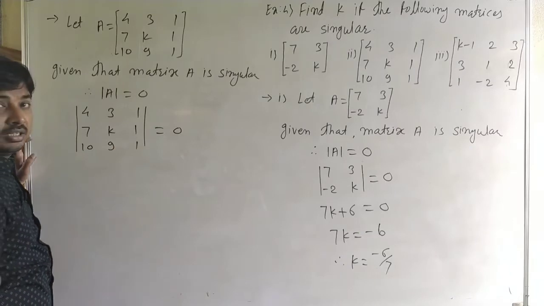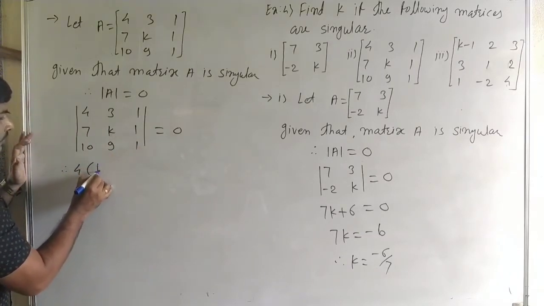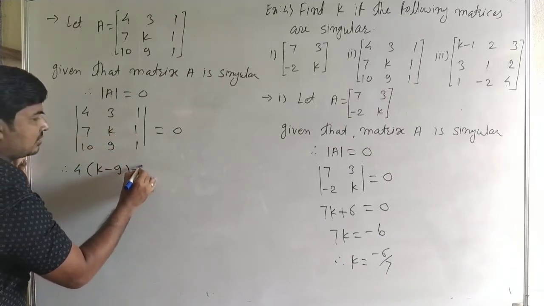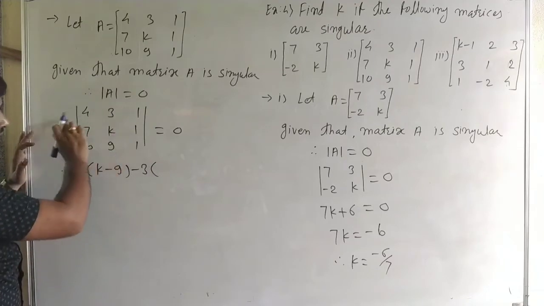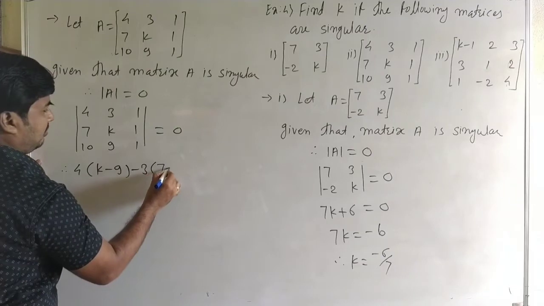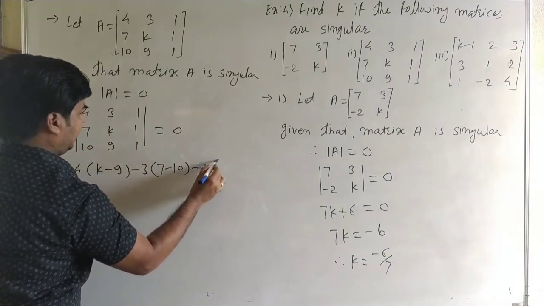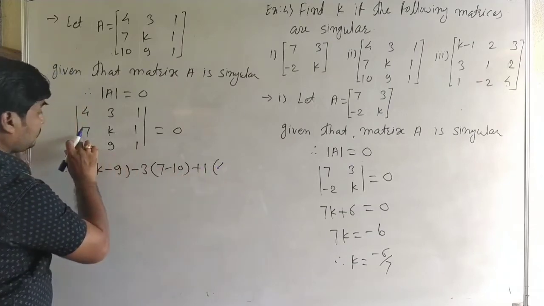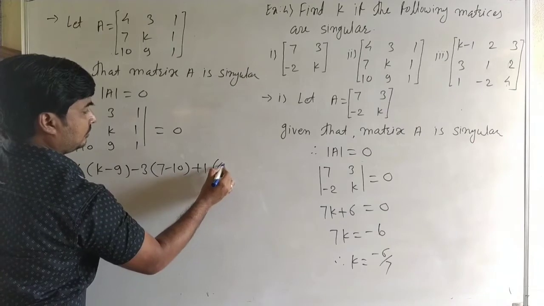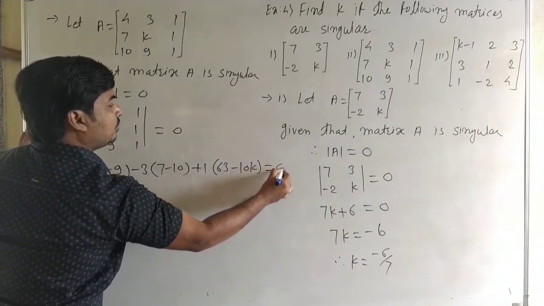Now we can find the determinant of this. Along the first row, it is 4 into (k minus 9), then change the sign of the middle term, that is 3 into (7 minus 10), plus 1 into (63 minus 10k), equal to 0.